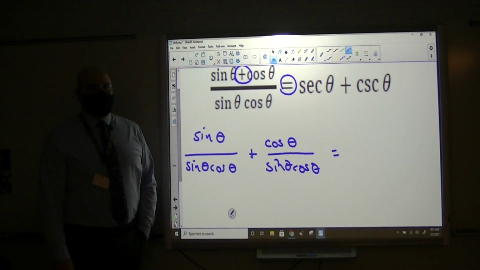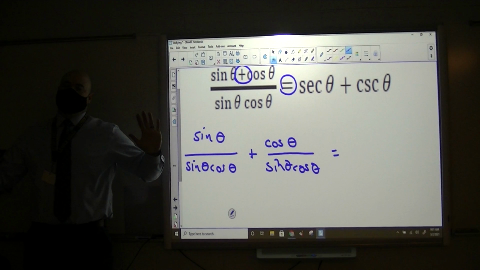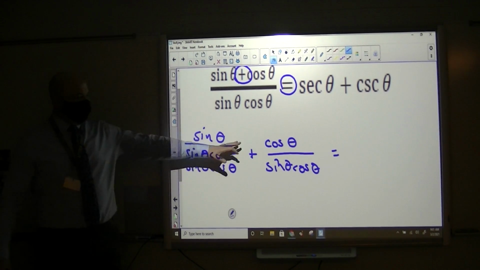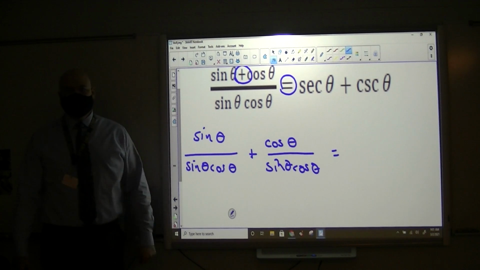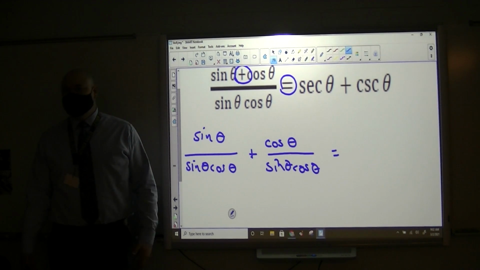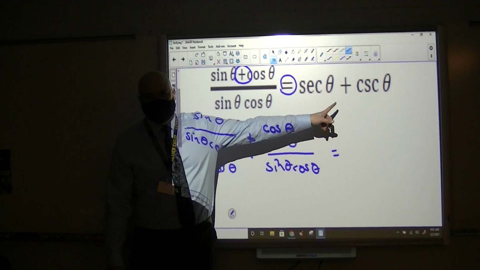Now over here, I'm going to do 2 things at once. Whoa. I know. Because if you look at the left side, what do you see a lot of? Sines and cosines? I don't see any sines or cosines over here.